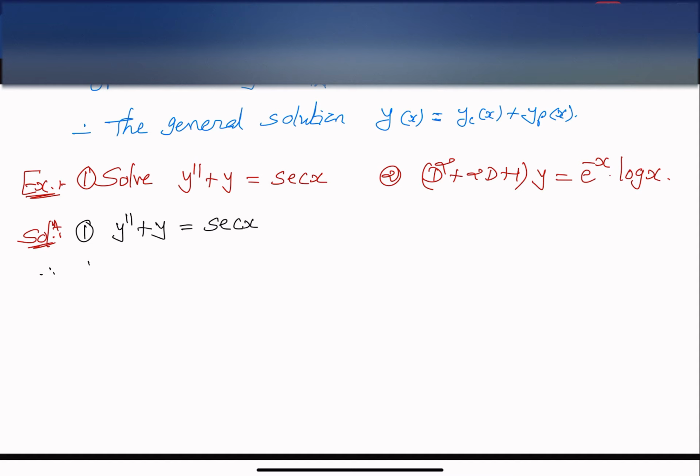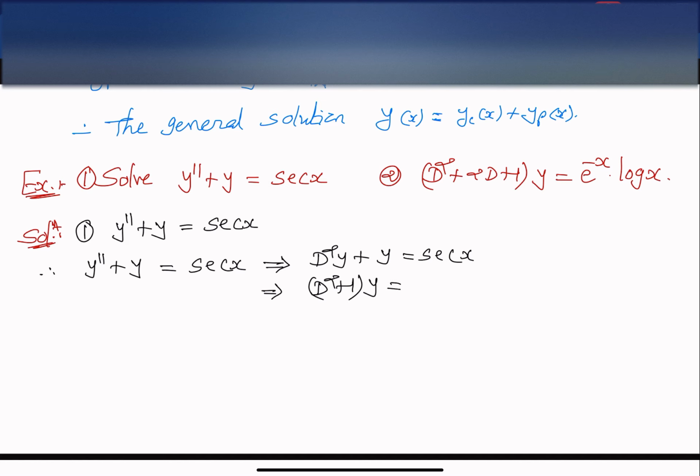What I have given, y double dash plus y is equal to sec x, and I rewrite this as D square y plus y equal to sec x, and so D square plus 1 into y equal to sec x. Right. This is our equation number 1.